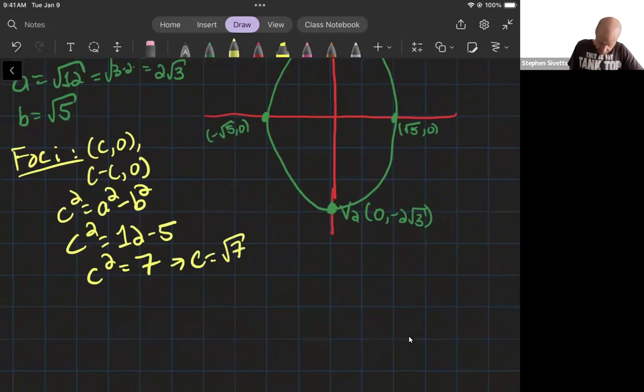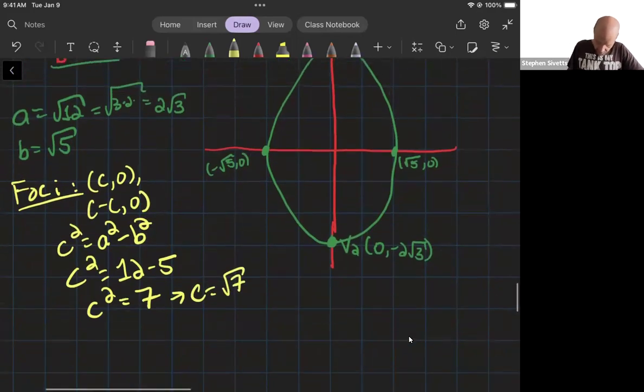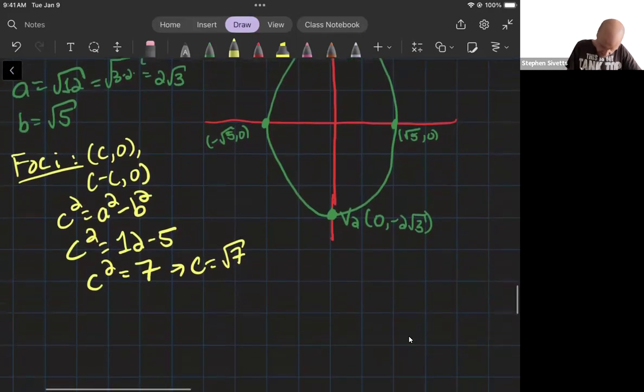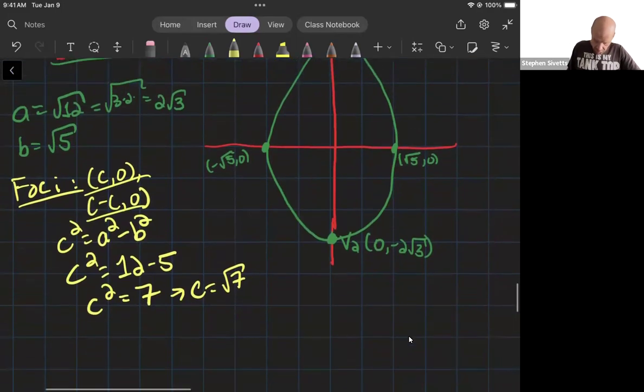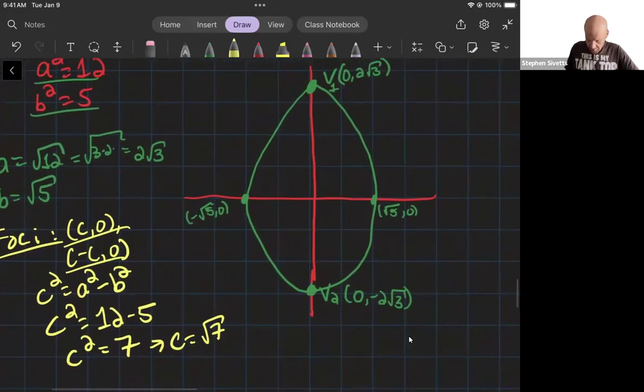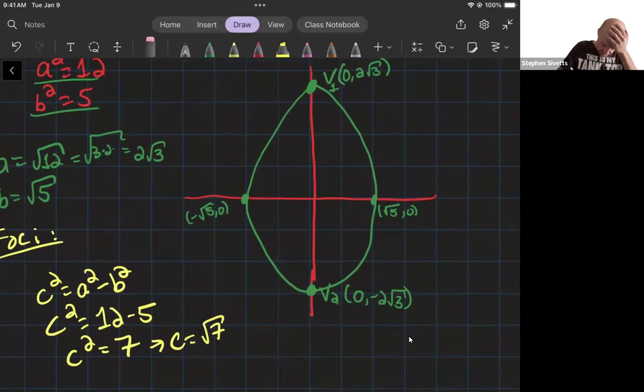And so we just disregard the negative root because the points that we are interested in are C,0 and minus C,0. I'm sorry, since it's vertical, these are flipped.